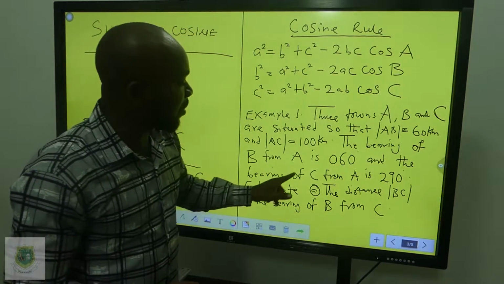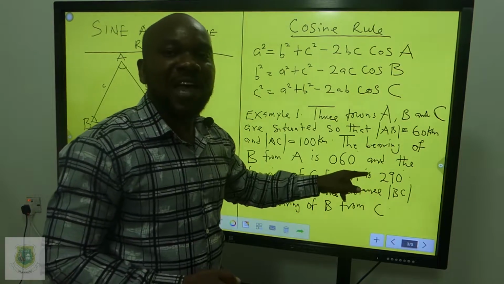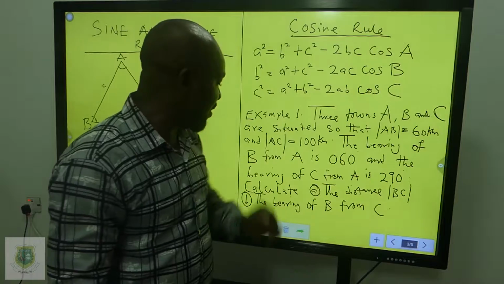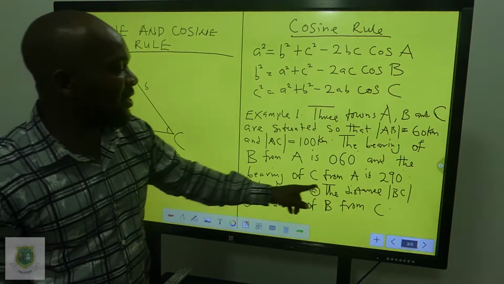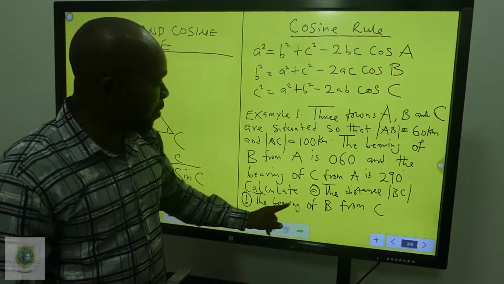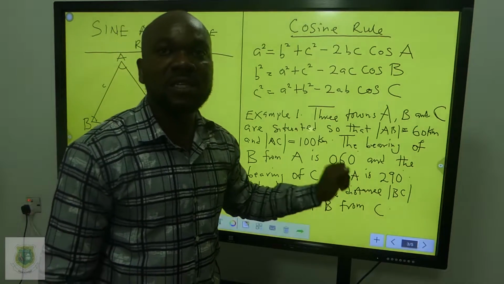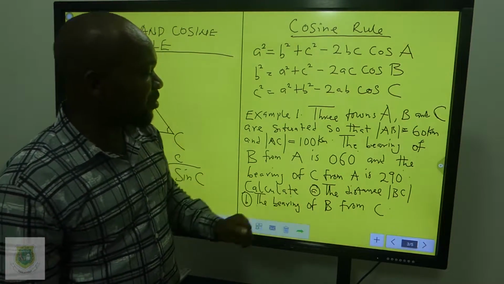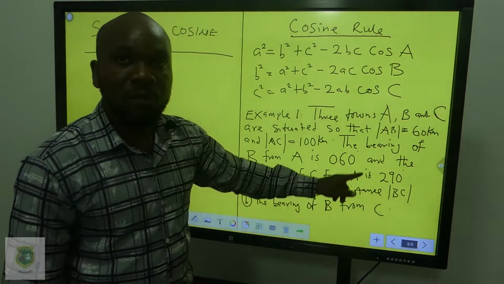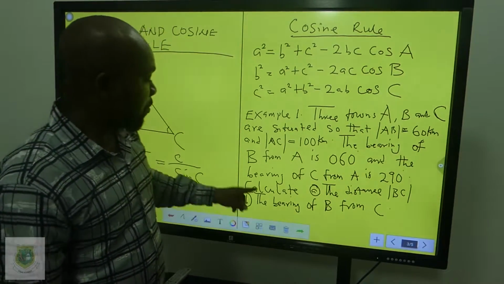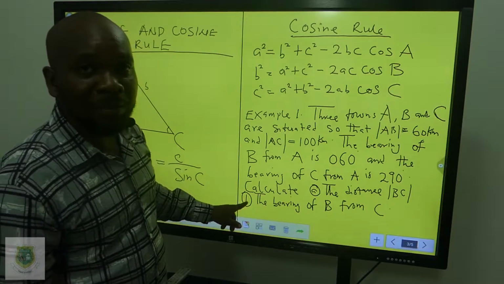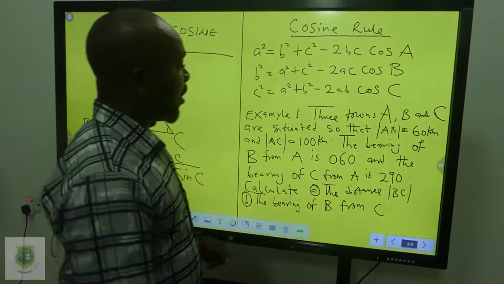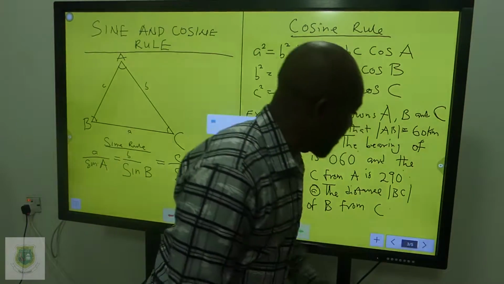And the bearing of C from A, everything now is moving from A, is 290 degrees. Calculate the distance BC, the bearing of B from C. Remember I told you that if you are given a distance, you normally use cosine rule. If you are given a turn to find the bearing, you normally use sine rule.